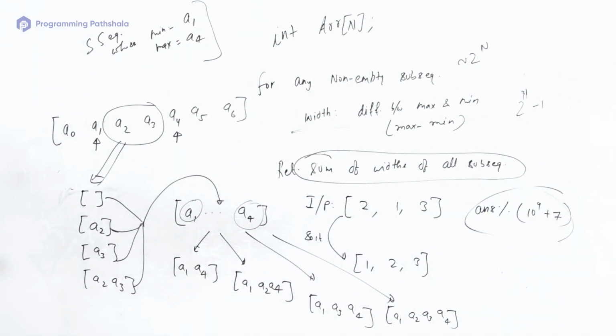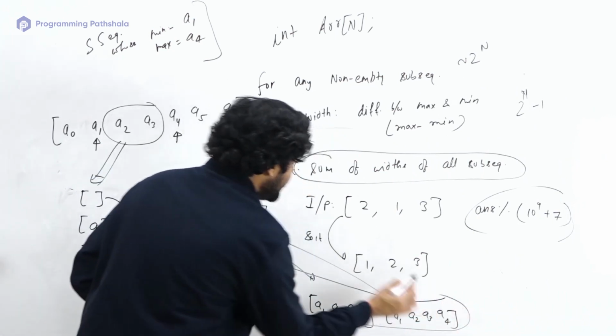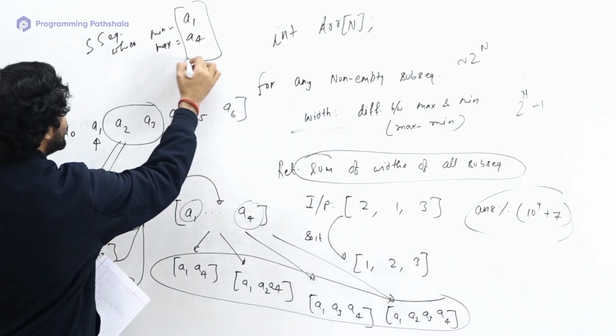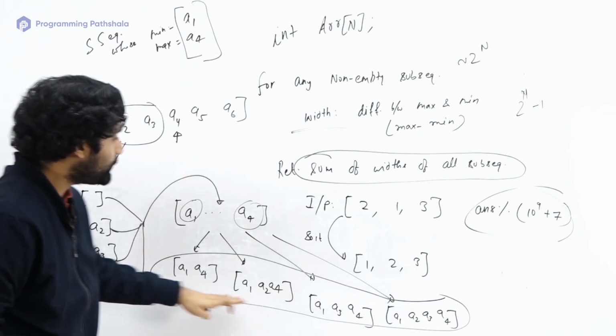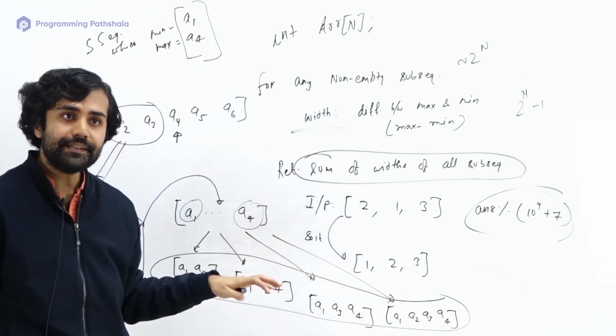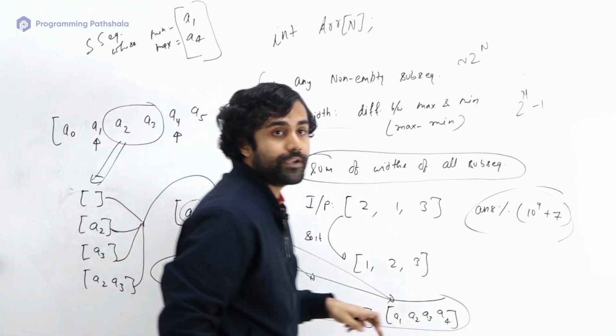Right? Yeah. So there are 4 varieties in this family. Which family? The family that has a particular min and a particular max. It has 4 varieties in it. Can I tell that the width of every member is going to be the same?